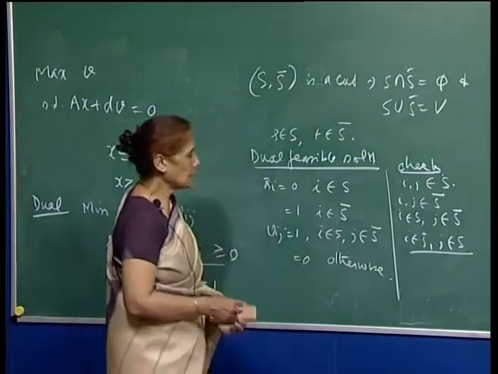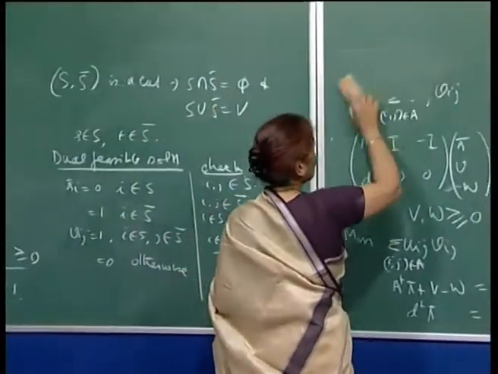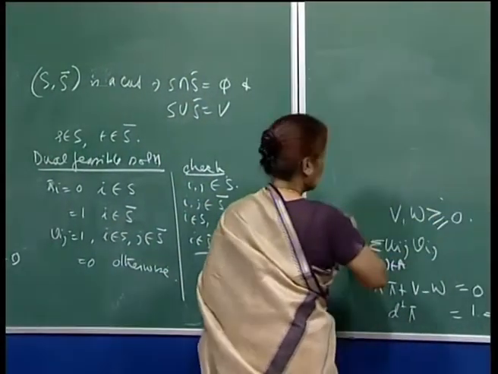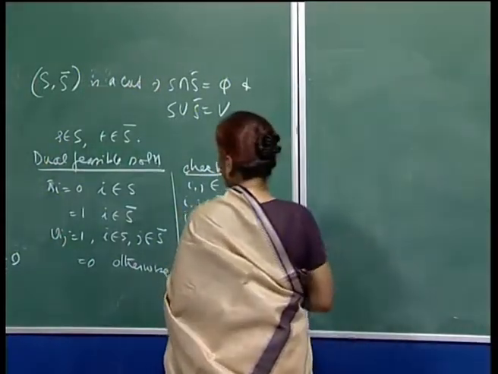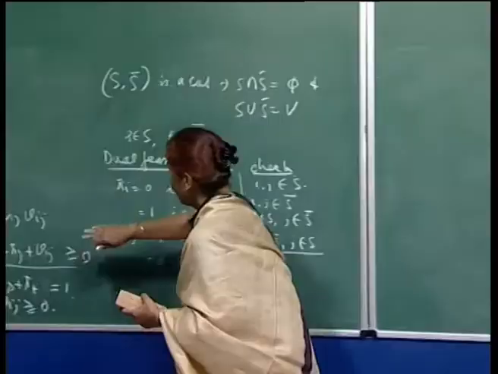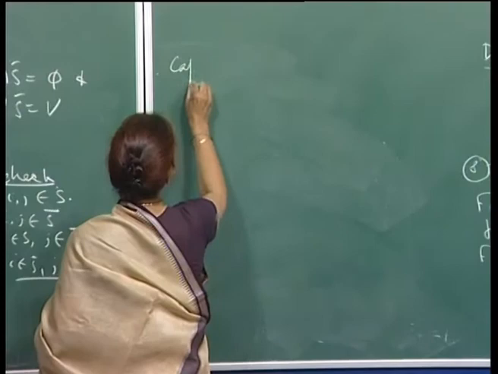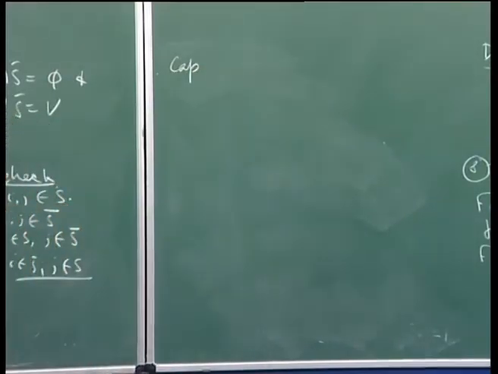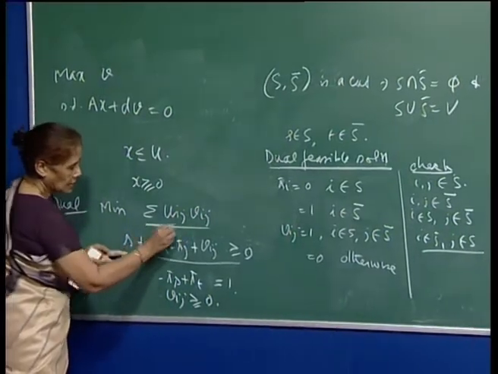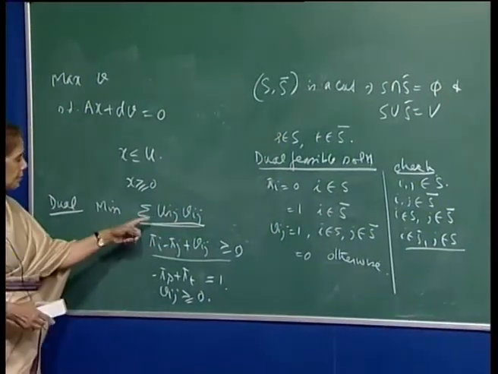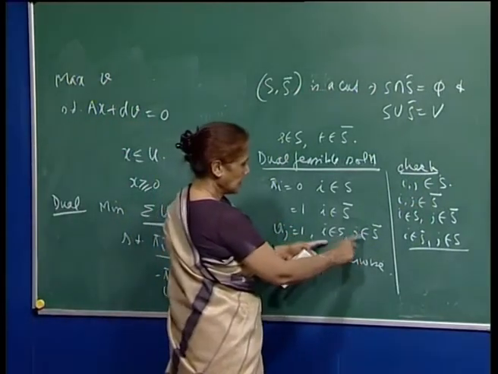I am going to talk about cuts some more later on, because we will spend more time on them, but right now you can immediately see from the duality theory, because this is a minimization problem and that is a maximization problem. If I take a cut as a feasible solution, then the objective function value is simply adding up, because my vij's are 1 only when i is in S and j is in S bar.